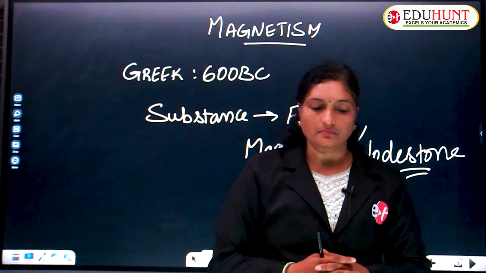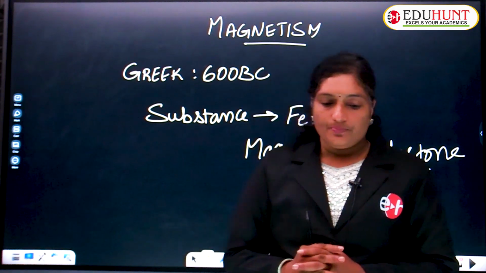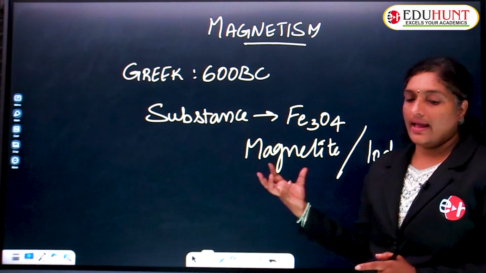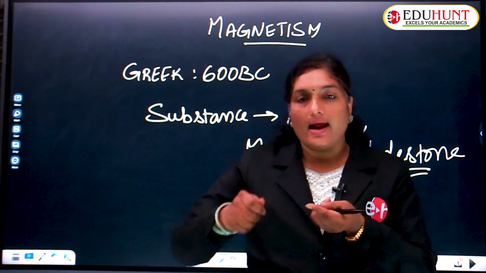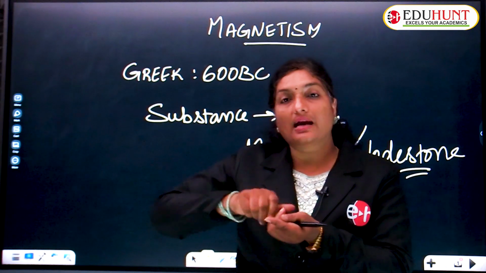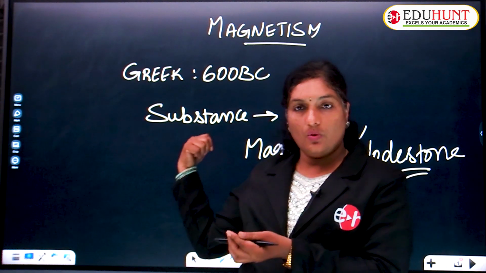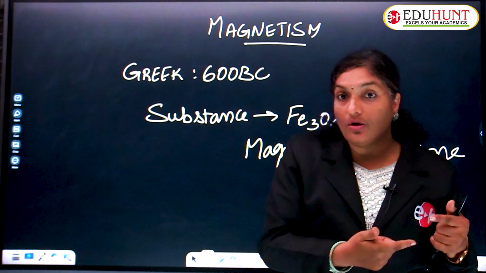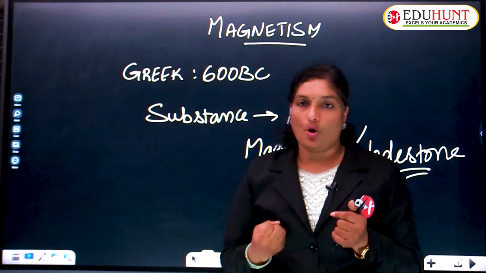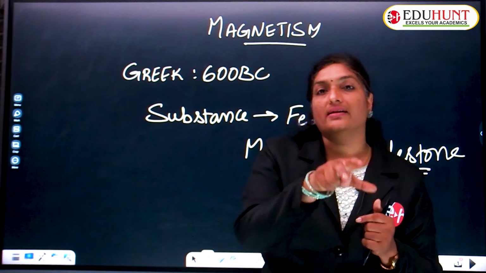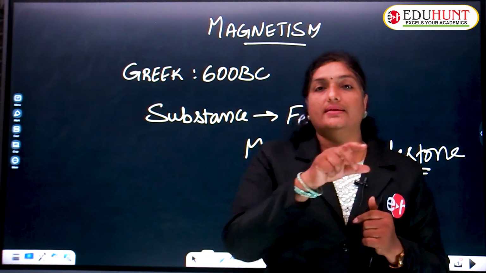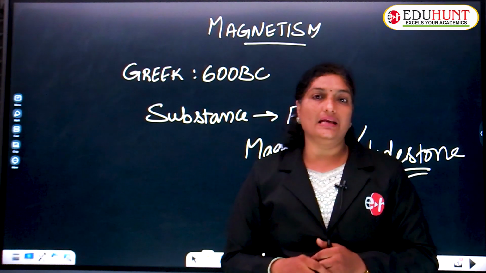Now, if you take a piece of iron and rub it with the lodestone, the piece of iron also gets this magnetic property. That means it also gets the tendency to attract other magnetic materials. So what are magnetic materials?